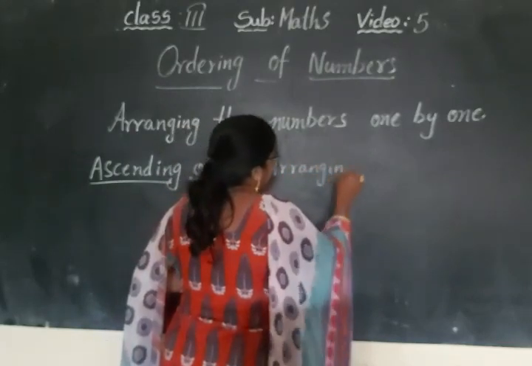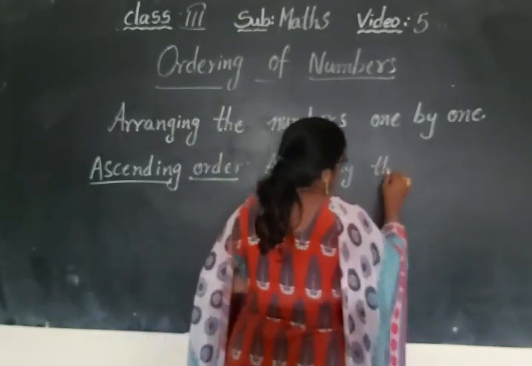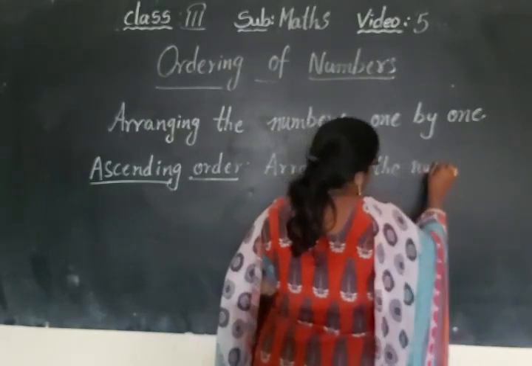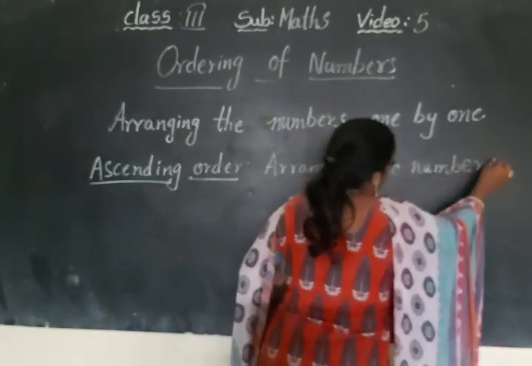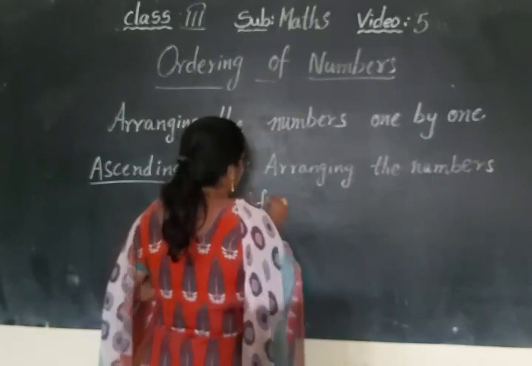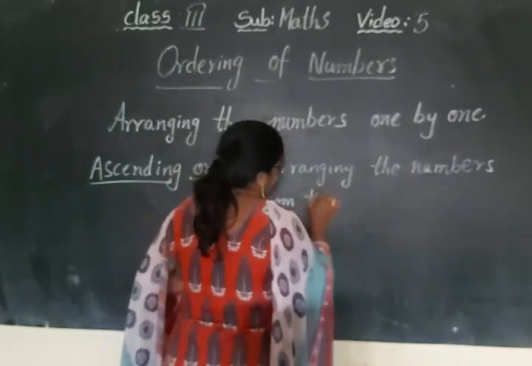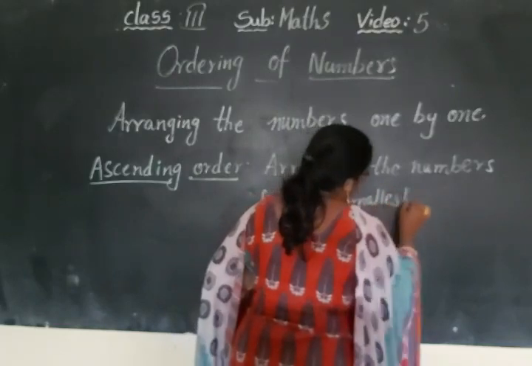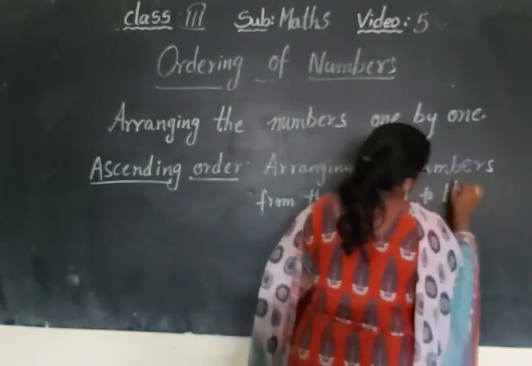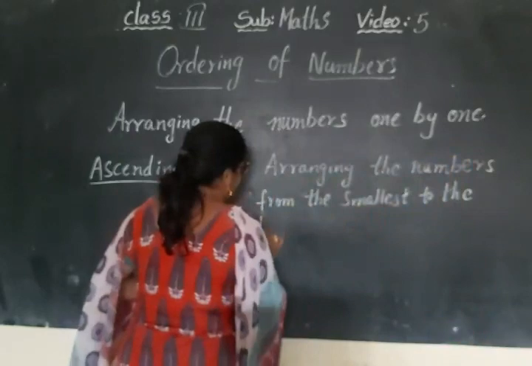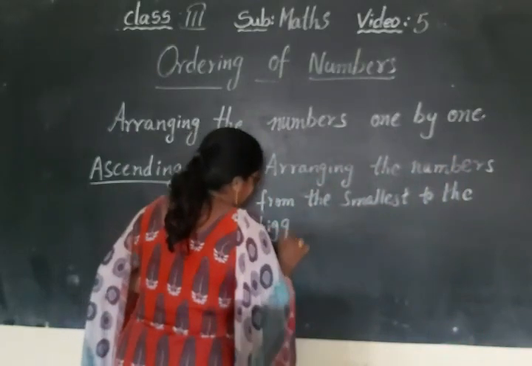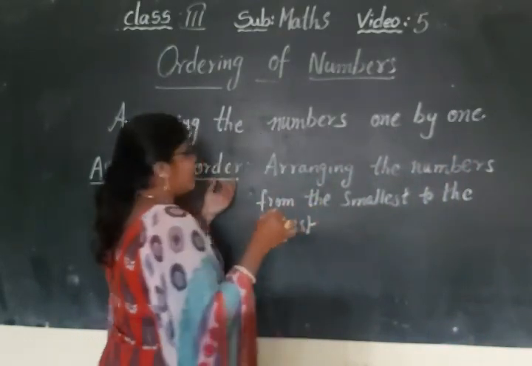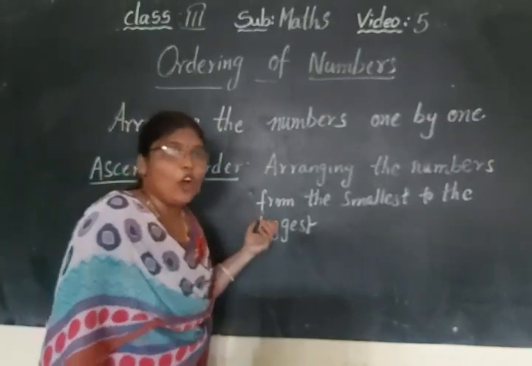Ordering or arranging the numbers from the smallest to the biggest is known as ascending order.